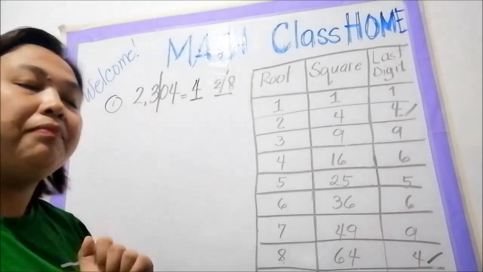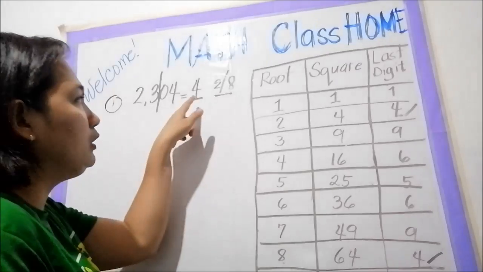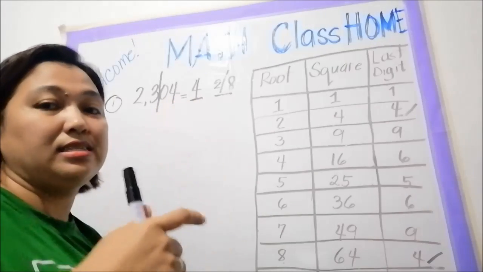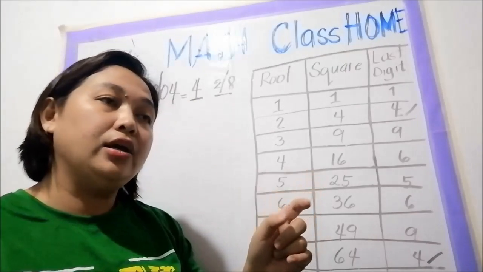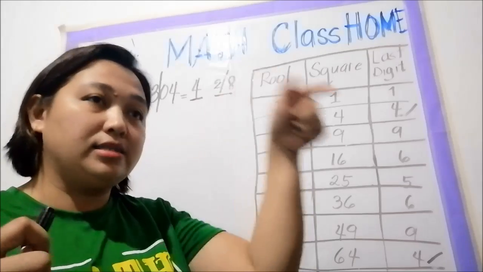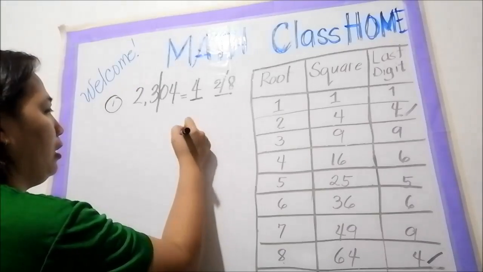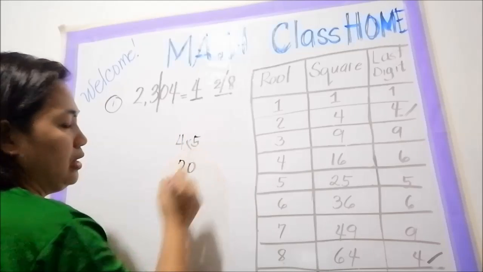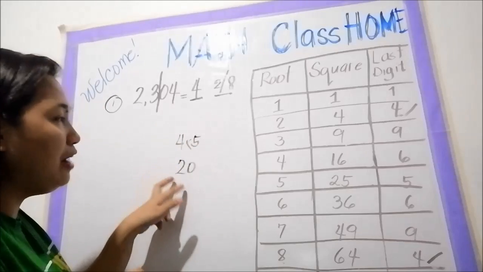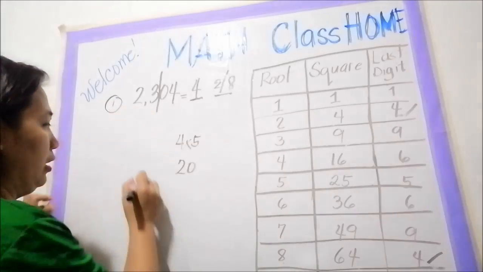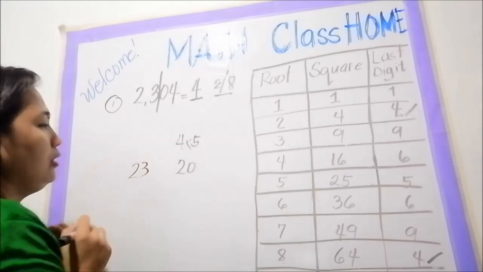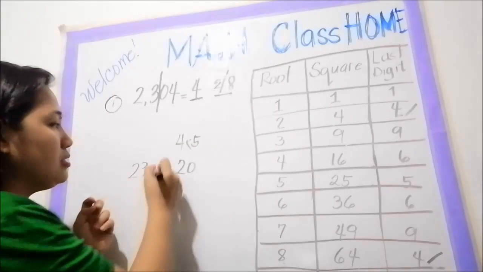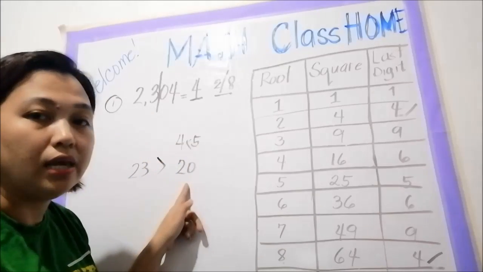That's the second step. Now the third step is to multiply 4 by the next number in the number line. So 4, next is 5. So that's 4 times 5, and that is 20. You just have to compare it with 23. Now, what can you say? 23 is greater than 20.